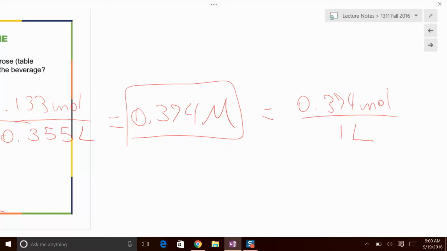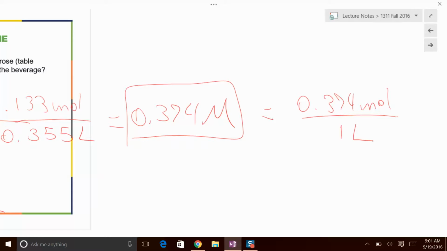So what if you had half of a liter? How many moles would be in half a liter? Divided in half, right? And that would be how many moles are in half of that liter. How many moles are in a quarter of that liter? Divide by 4. And it would be how many are in a quarter of it. Okay? So this is what this means.